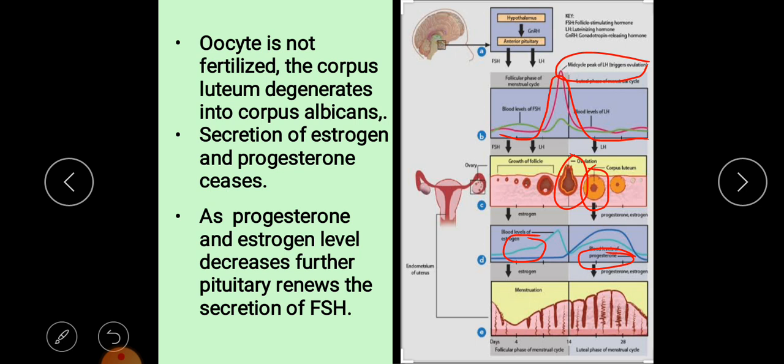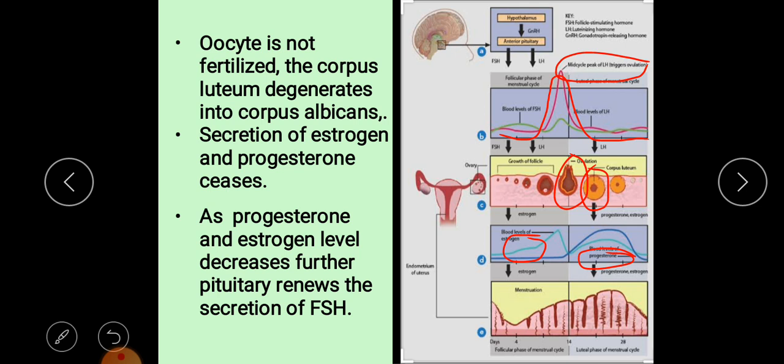Now the estrogen initiates the development of the endometrium wall and its lining, but the progesterone maintains that thickening. So what is the function of this estrogen here?